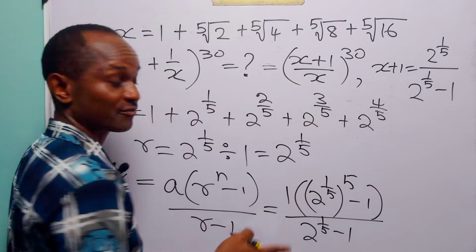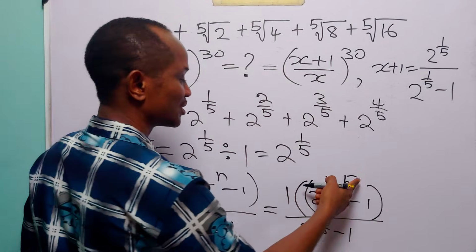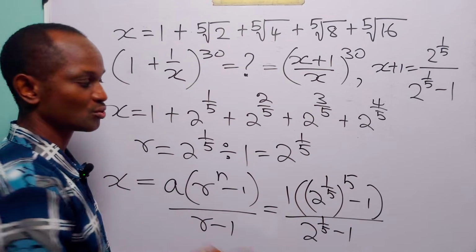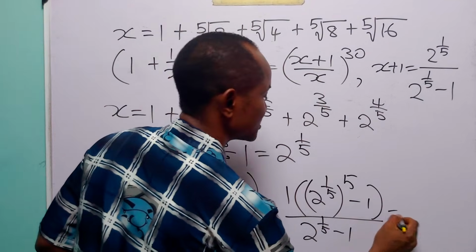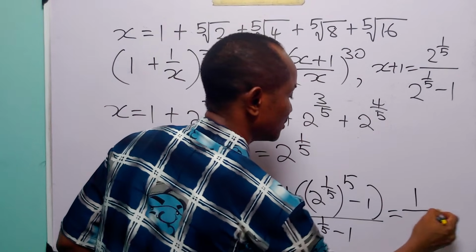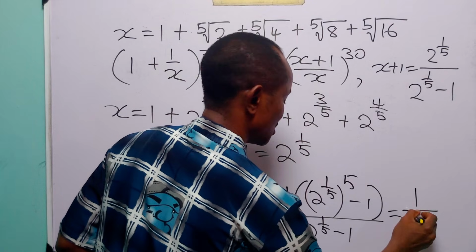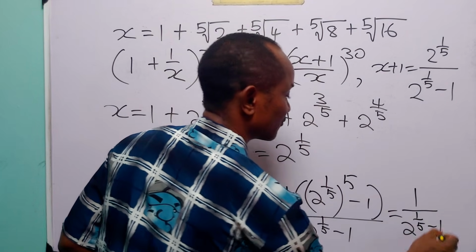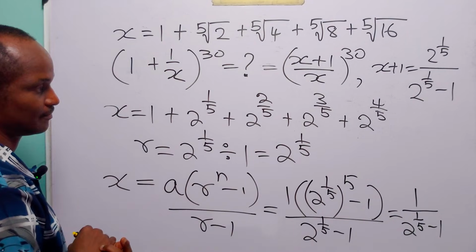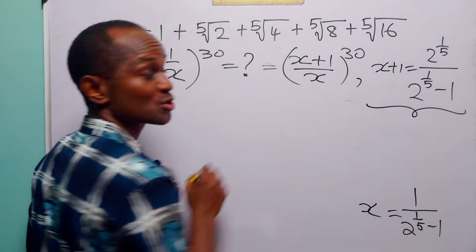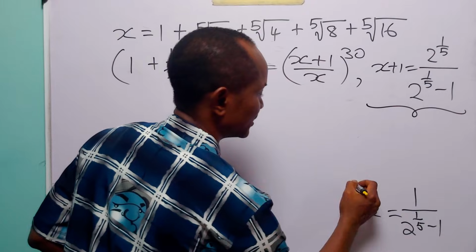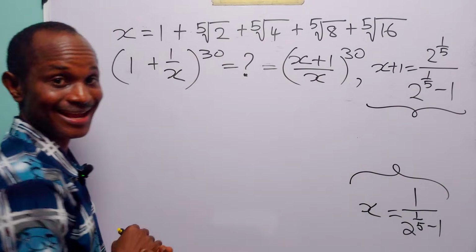5 times 1 over 5 is equal to 1. 2 to the power 1 is equal to 2. 2 minus 1 is equal to 1. So this is equal to 1 over 2 to the power 1 over 5 minus 1. So finally, this is x plus 1 and this is x.